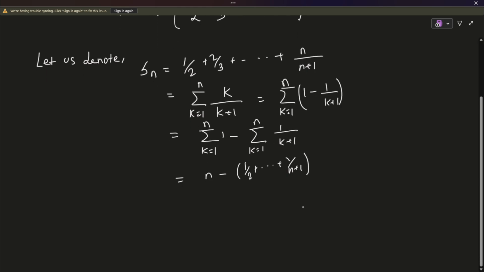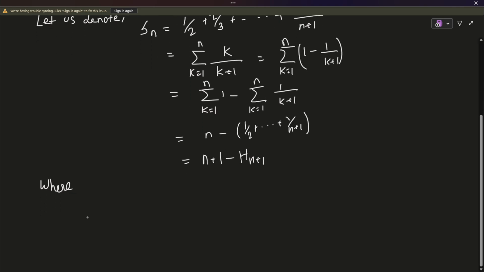Now, this can be represented in terms of harmonic numbers. I'll define harmonic numbers in a moment. But this sum basically becomes n plus 1 minus Hn plus 1, where Hn is called harmonic numbers. This may be something new for you, or if you already know it, that's great.